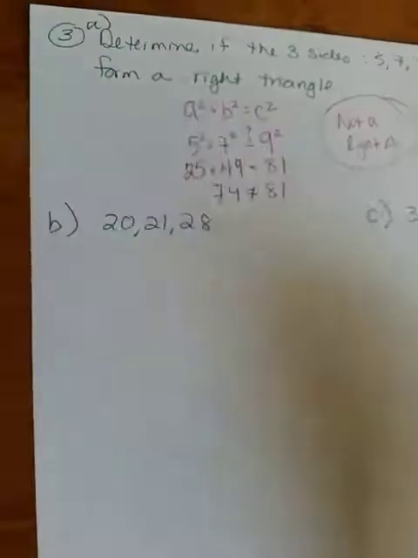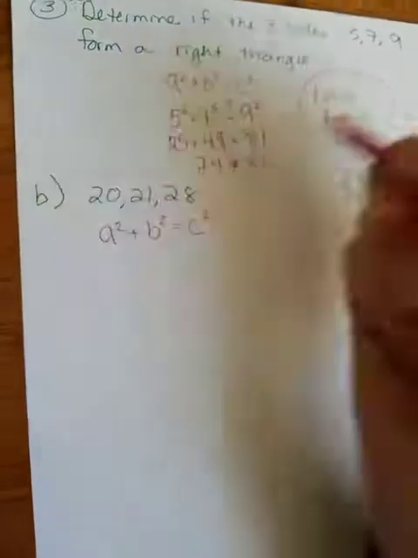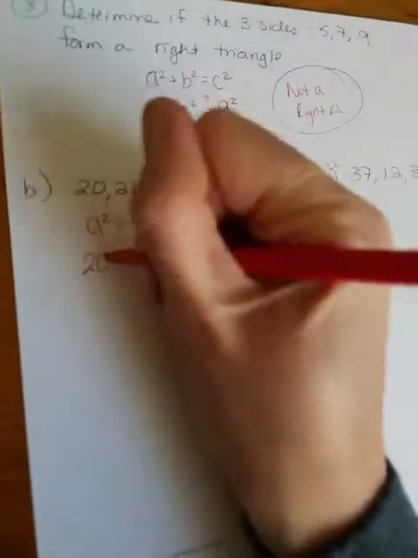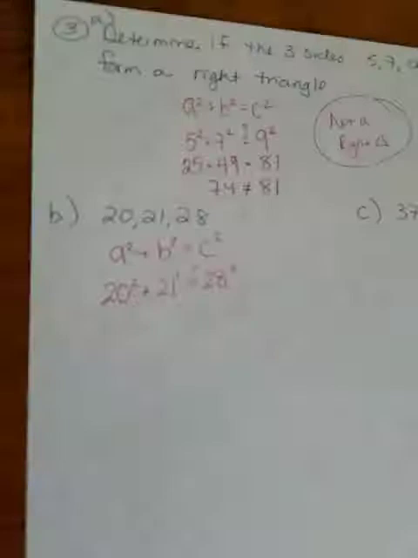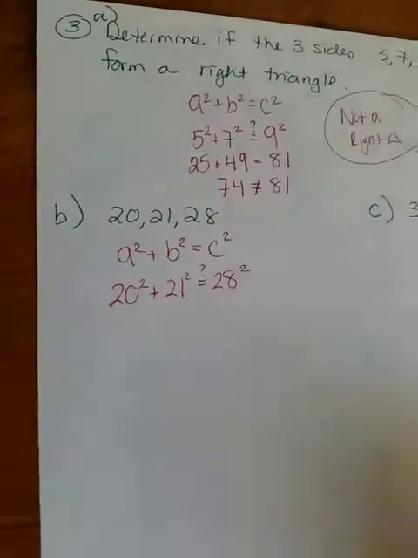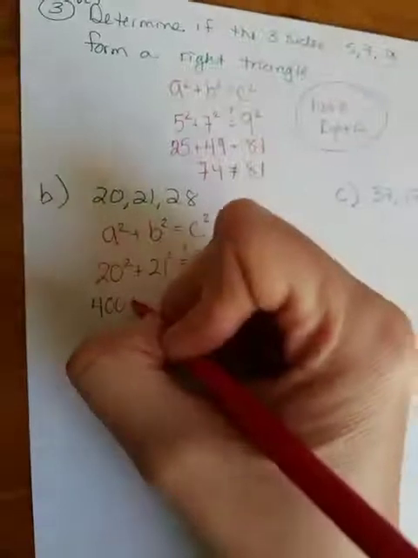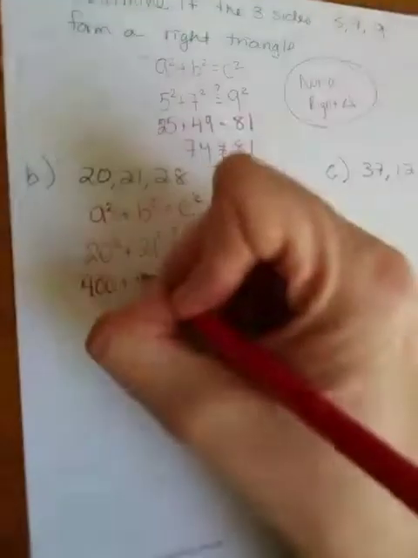Just two more quick ones. So again, same question, do these three sides form a right triangle? So again, I always tell people put the largest number in for C. So between 20, 21, and 28, 28 is the biggest number. And then again, it doesn't matter which one goes in for A or B. So again, we are testing, does 20 squared plus 21 squared equal 28 squared? 20 squared is 400. 21 squared, 21 times 21, is 441.